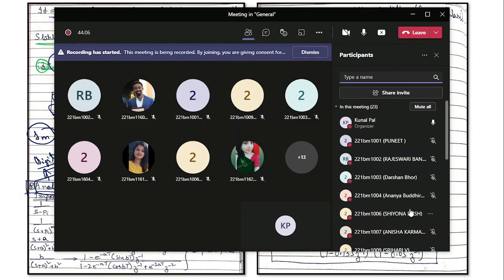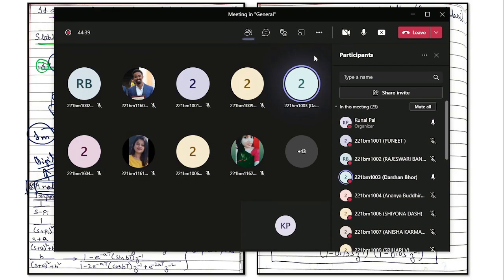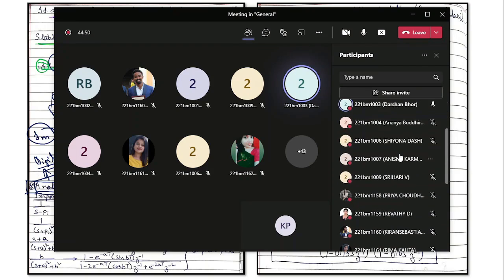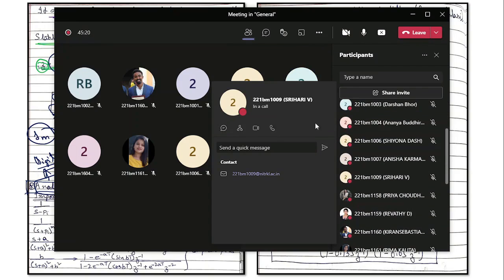Darshan Ghor, yes sir, please tell me. Can you repeat the question? What I have asked? Sir, we band limit the maximum analog frequency, so how do we put the sampling frequency, which is 2 FM. Okay. Revati?